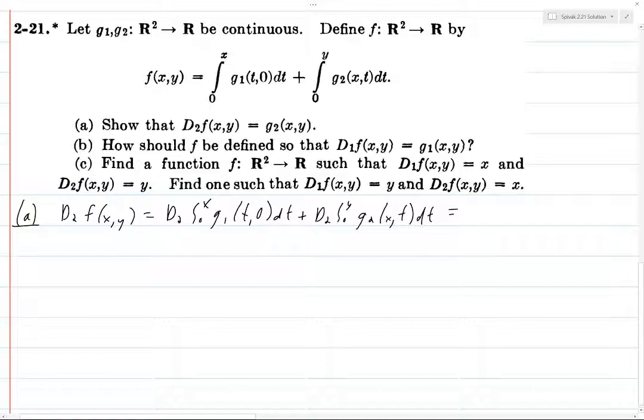The second term, we're taking the derivative with respect to y of an integral from 0 to y. And so by the fundamental theorem of calculus, this is just g2 of x, evaluated at the variable with respect to which you're taking the derivative, and so that's going to be y here.